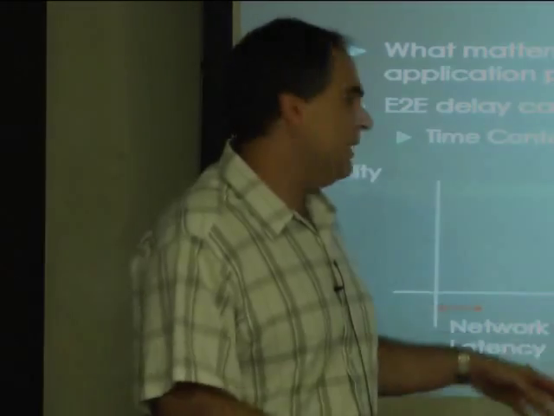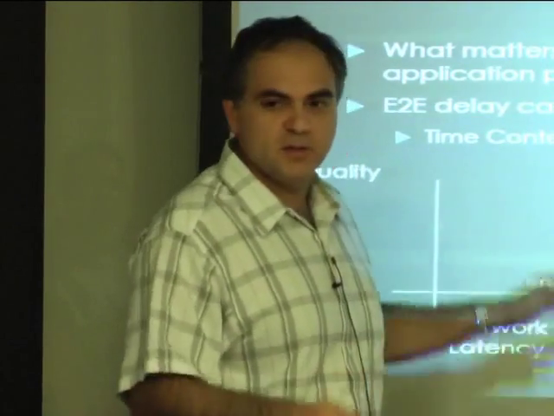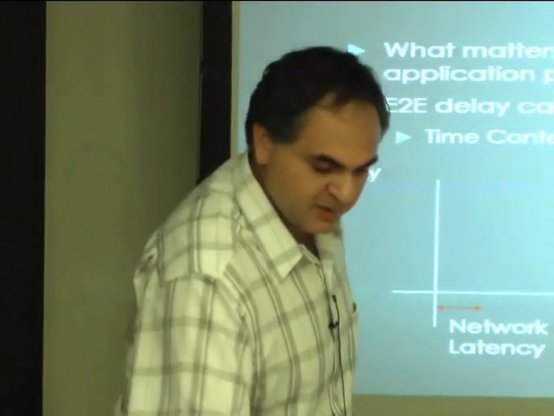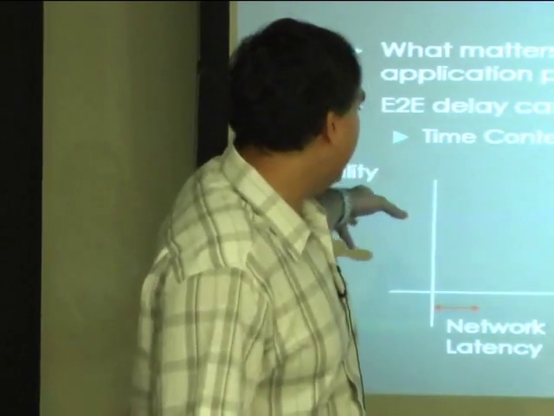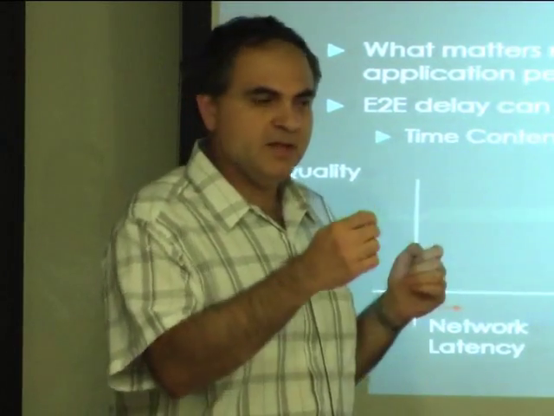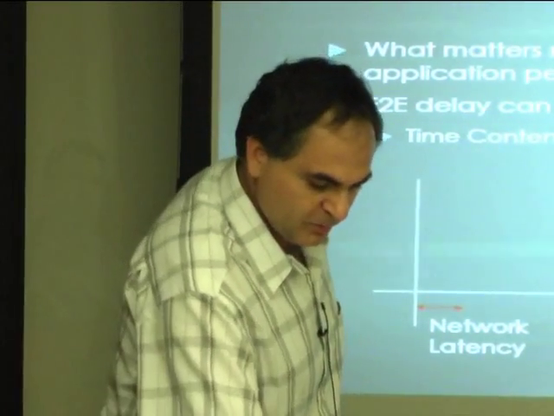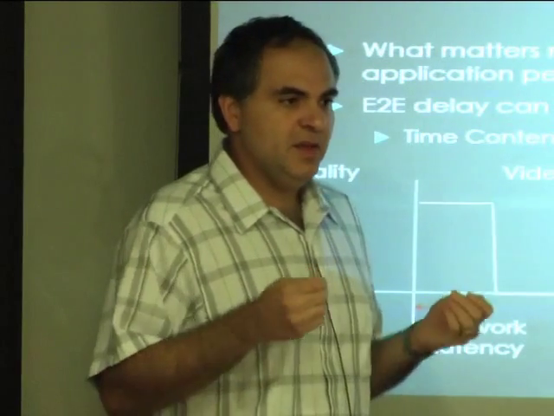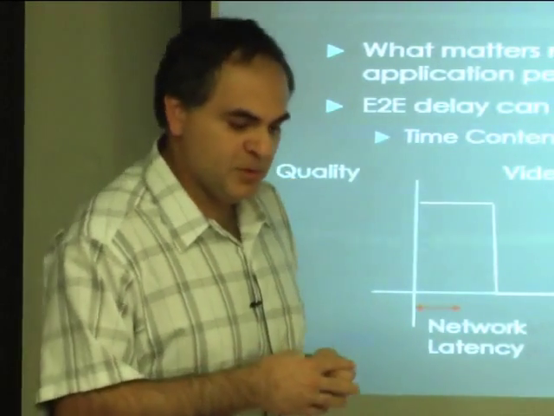If you think of network latency, on the x-axis we have packet delay, and let's say network latency is on the order of 100 milliseconds, 200 milliseconds. If you plot quality versus network latency, then for video conferencing, if you have more than about 250 milliseconds of latency, you get very poor performance.